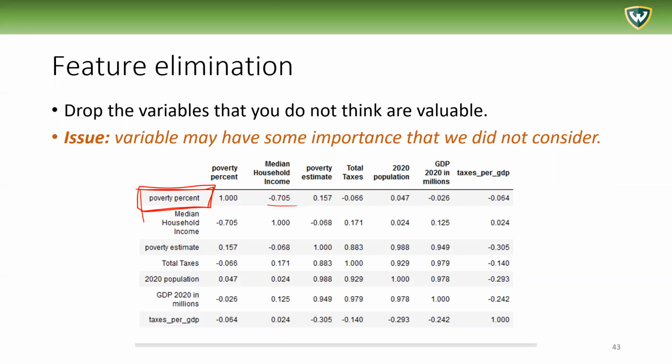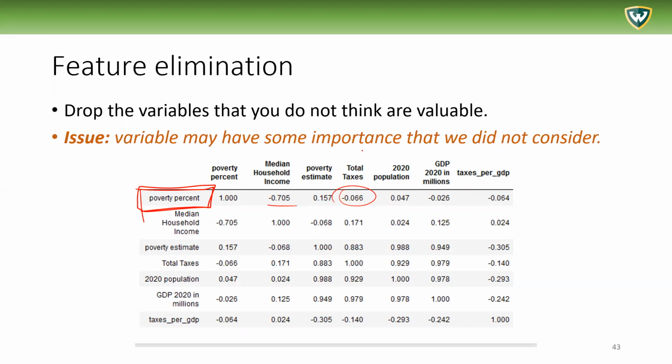And that makes sense once again, because poverty percent is based on that number. The total number of people in poverty is related to it as well, but total taxes actually looks like it's not. So maybe we say, this is a very weak correlation, so we don't need to include this in our model as an explanation of poverty levels. Total taxes doesn't seem correlated with poverty percent. It's slightly negative, but very low, so it's not a factor.